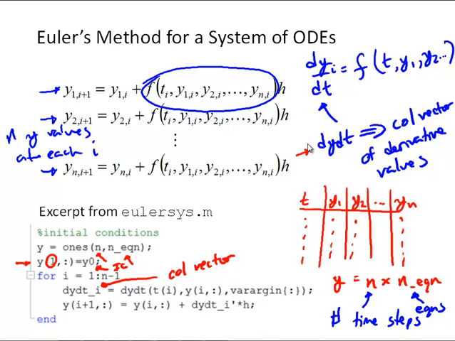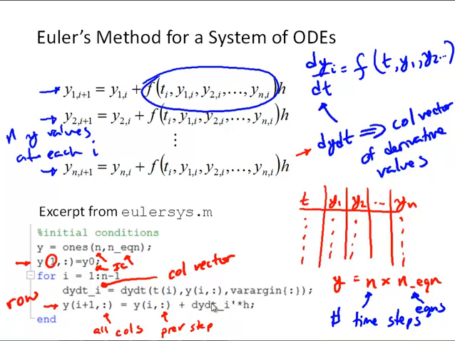And then when we calculate y(i+1), we're going to calculate all columns for the next time step. So we'll take all columns from the previous time step, and then dydt. Now one note, since we're doing all columns, this y(i+1, :) is a row vector.